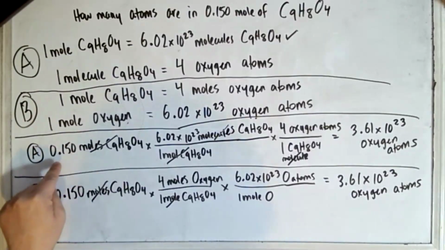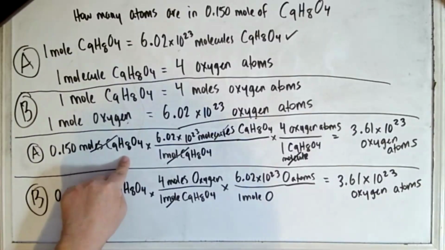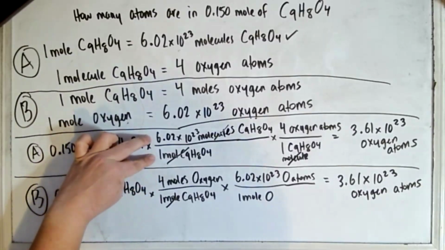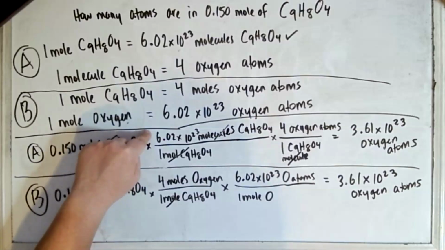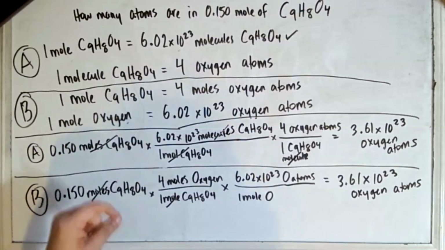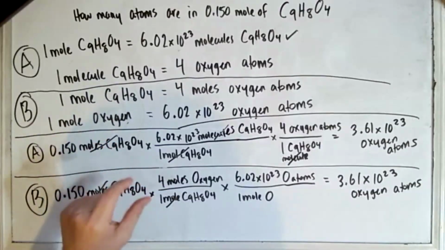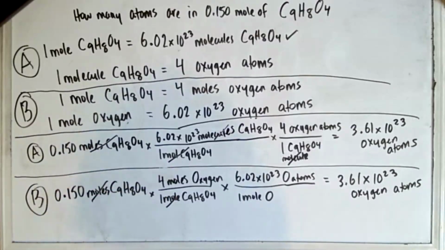So here we're writing down that 0.150 represents moles of this compound. And then in your next step with your conversion factor, you're going to put moles of that compound on the bottom so that the units cancel out and the number of molecules up top. But by writing out what each number means, you're more likely to put it in the correct position because you know that the units need to cancel out as you go.